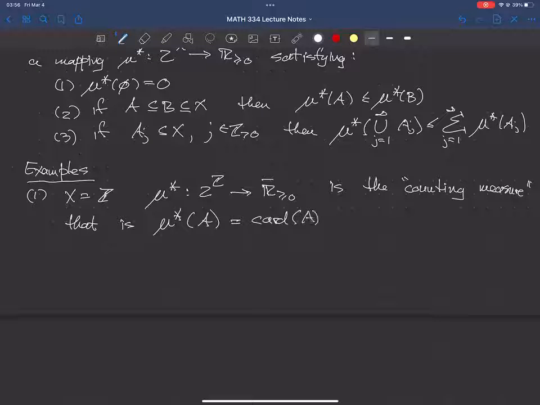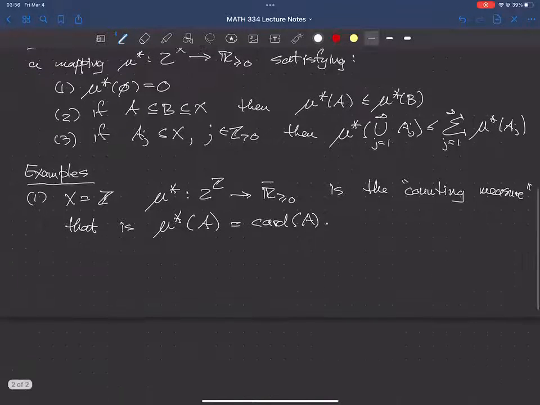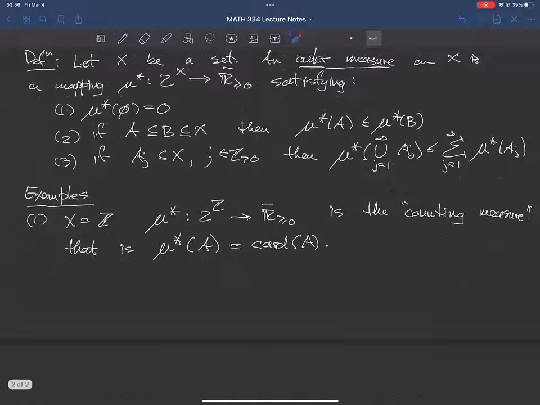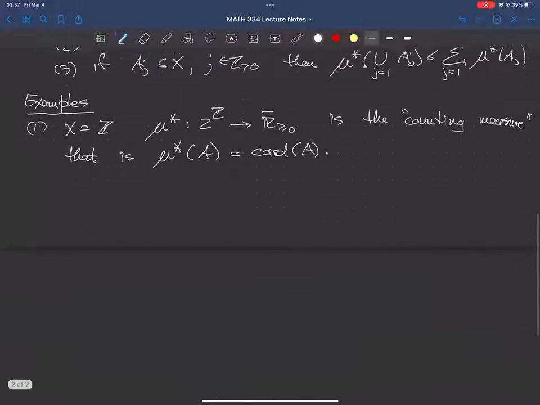This will be either some finite number if A is finite, or infinity if it's not. And then you can verify pretty easily that it satisfies all of these conditions.